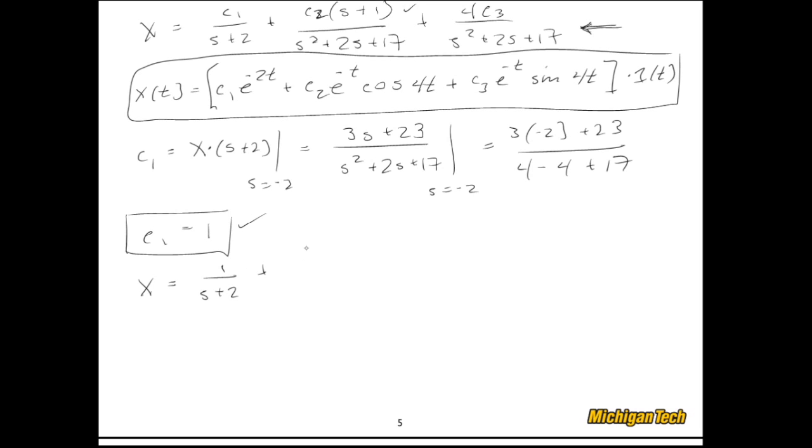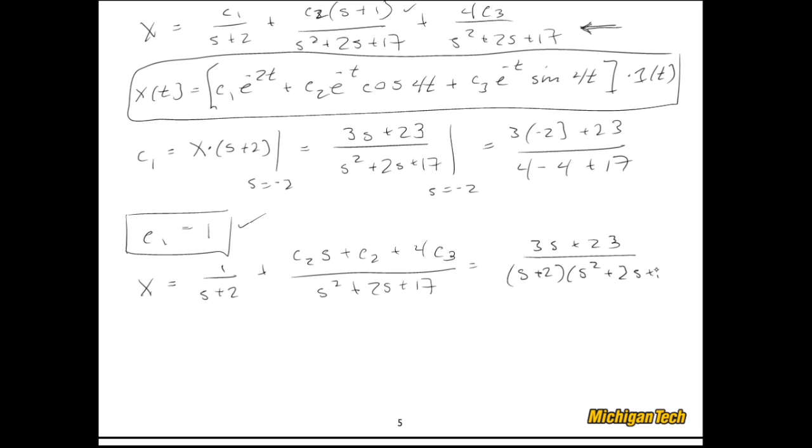Okay, so there's that term, C2s plus C2. I'm just expanding out the numerator of both those two terms. And just so we don't forget, that whole thing has to equal 3s plus 23 over (s plus 2)(s squared plus 2s plus 17).